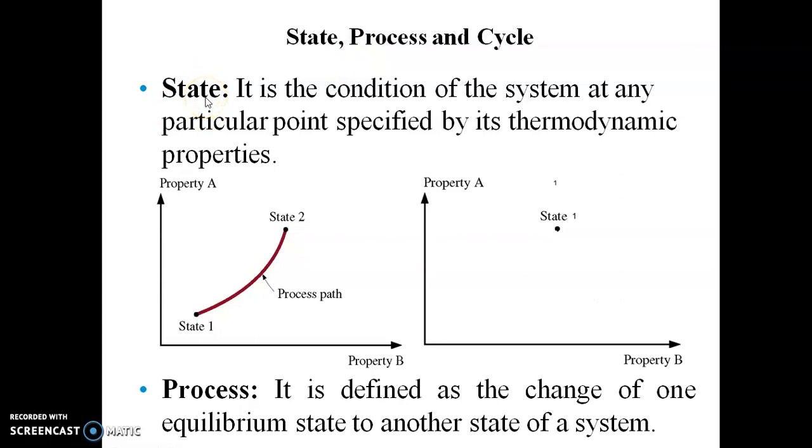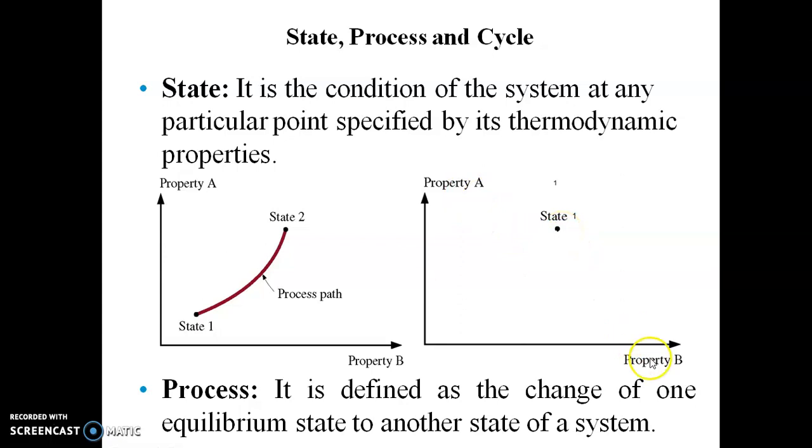A thermodynamic state is simply the condition of a system which is specified by its thermodynamic properties, either pressure, temperature, or volume. In a pressure-volume diagram, any two properties are needed to plot a state.